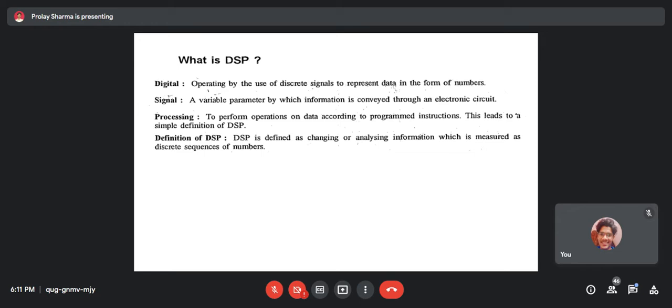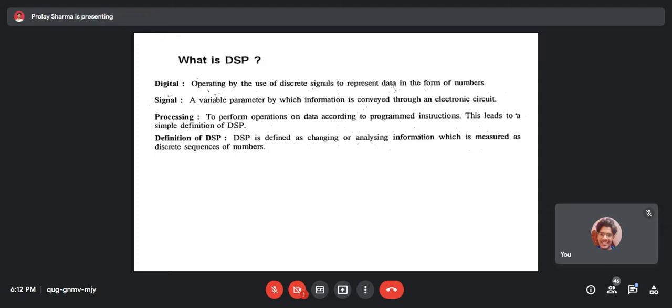So what are the different types of processing we will do? The main criterion is the betterment of the signal. Processing can be many things: cleaning up the noise, introducing some feature, rejecting some band of frequencies.